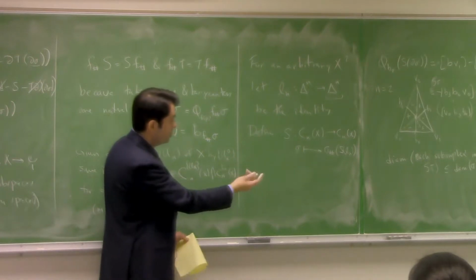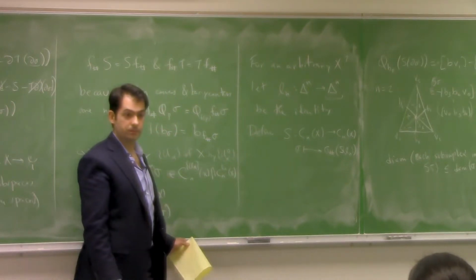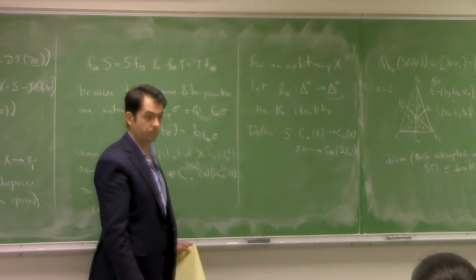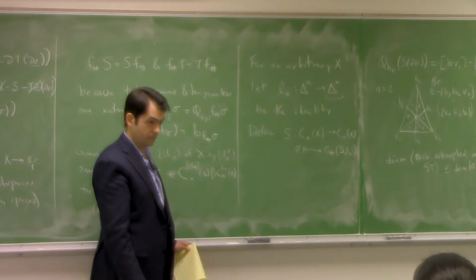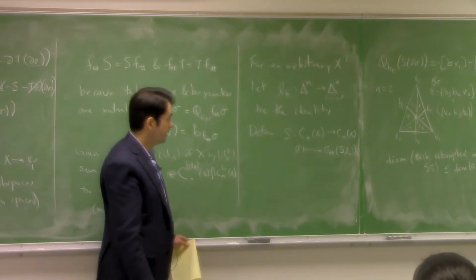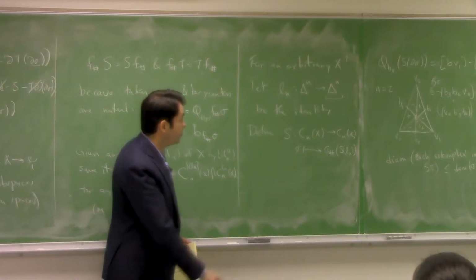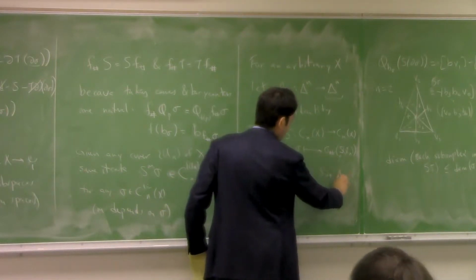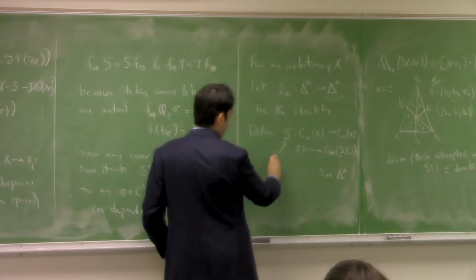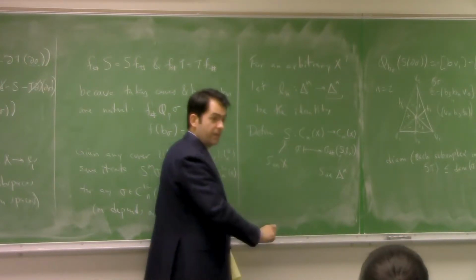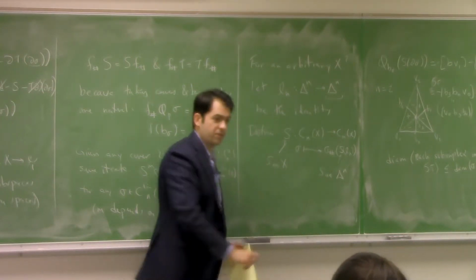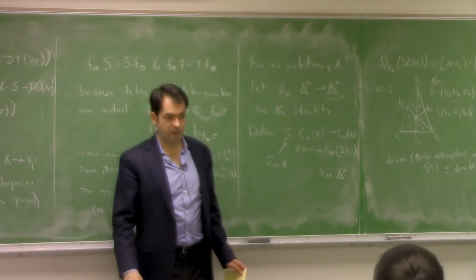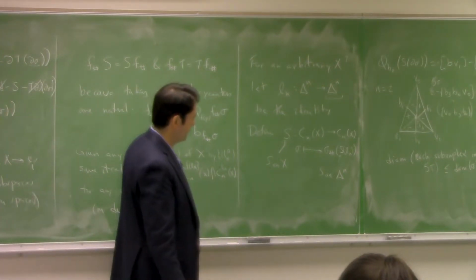So just take the induced map on chains. How are you defining S in terms of S? So this is the S on delta n, and this is the S on x. On delta n, we have definitions because it is a convex subset of R^n.